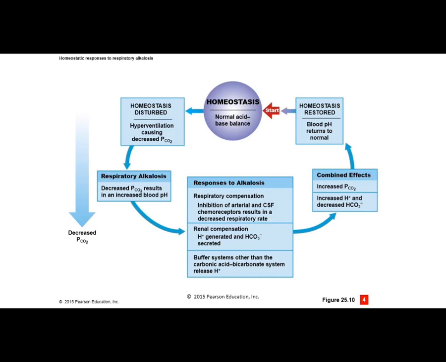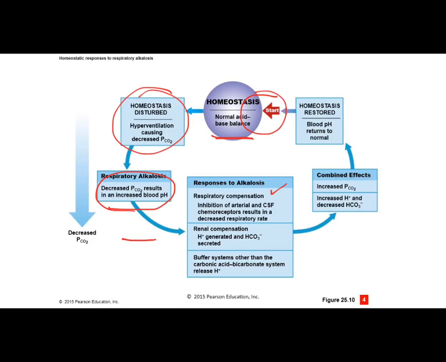So taking a look at this kind of scenario, again, acid base has been imbalanced. Here, there's a hyperventilation causing a decrease in the pCO2, the amount of CO2 that's dissolved in the blood. As a result, the pH is going to be increasing in the blood. What's going to happen?